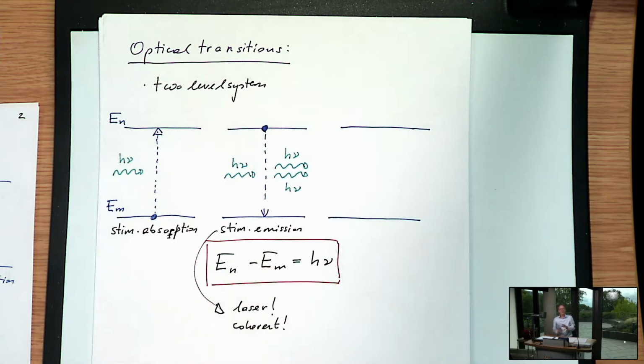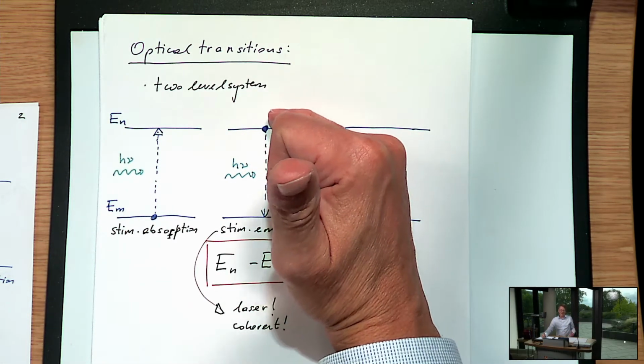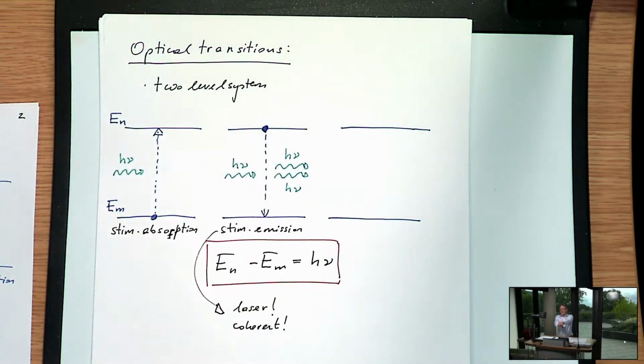So the 2 photons are coherent. They have the same direction, the same phase relationship. So that is coherent light, and that's what makes the laser possible. So you prepare your molecules to be predominantly in an excited state, and then you de-excite them all in phase, and then you get this light that is very directional and propagates in the form of a beam.